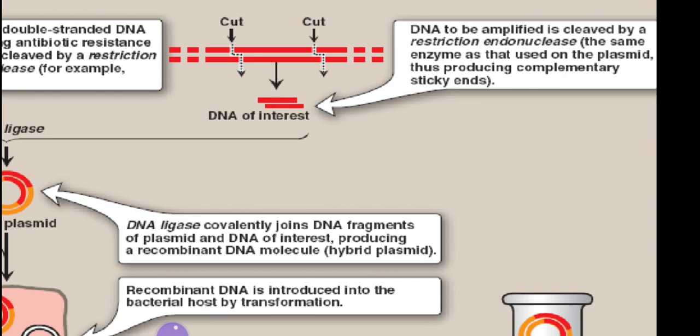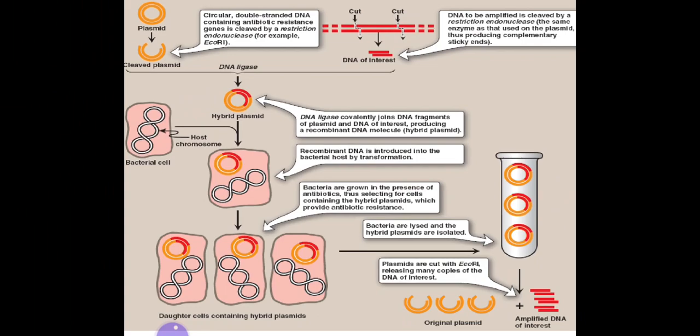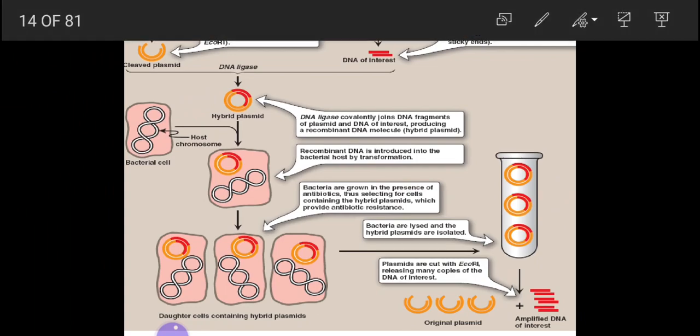And here you are seeing that the sticky ends are produced in the DNA of interest. Now, this DNA of interest and this cleaved plasmid are ligated, and the red portion is our DNA of interest and the yellow portion is the plasmid. So this is the hybrid plasmid.